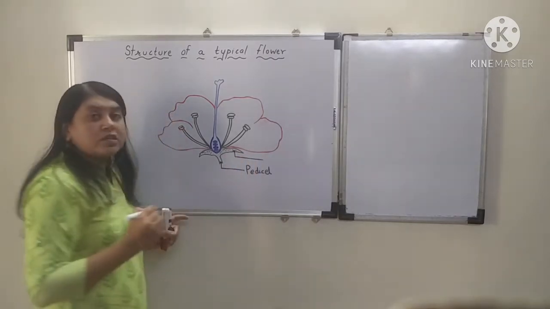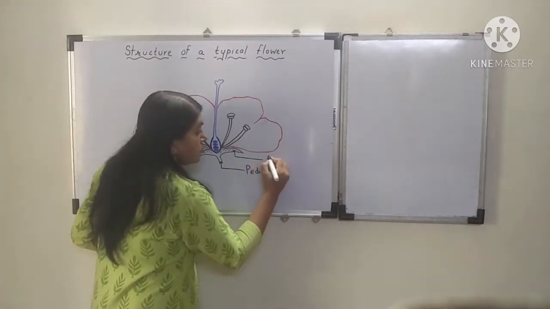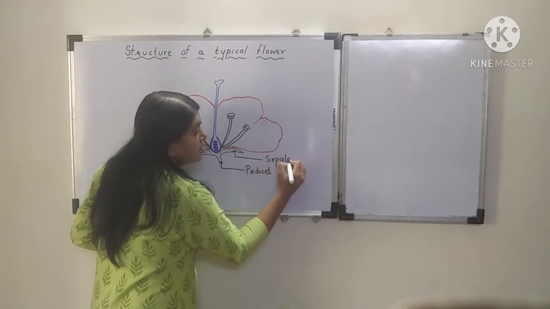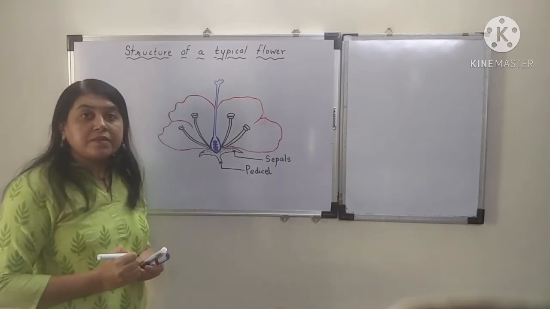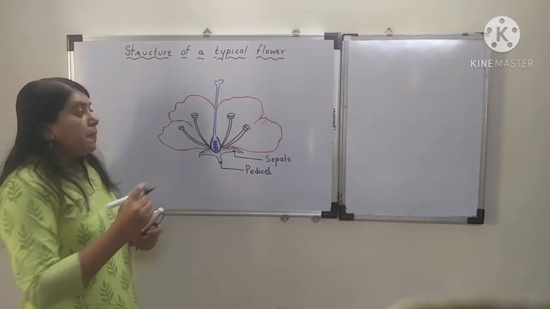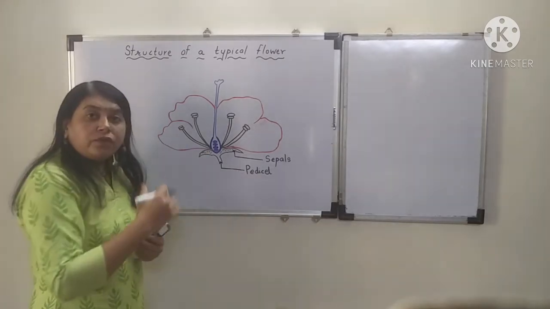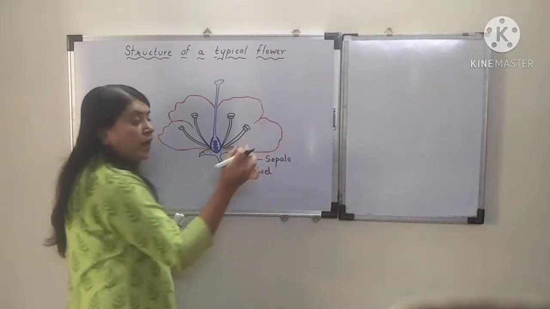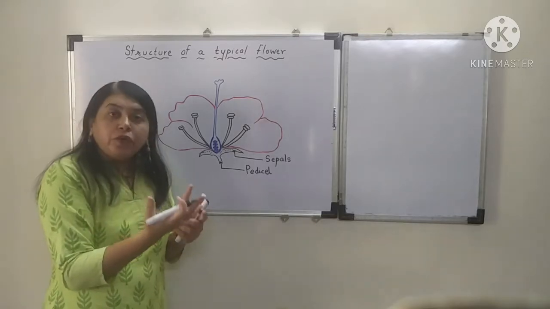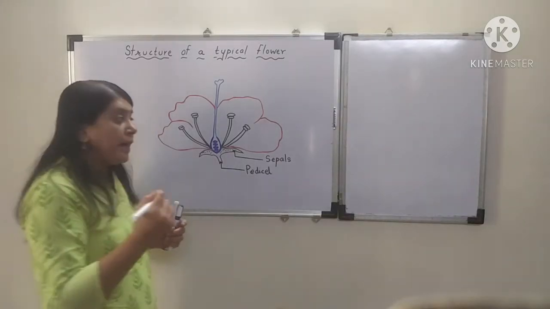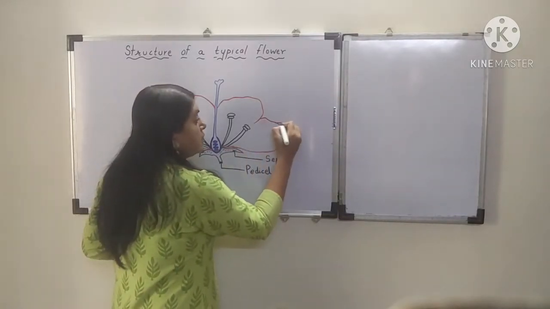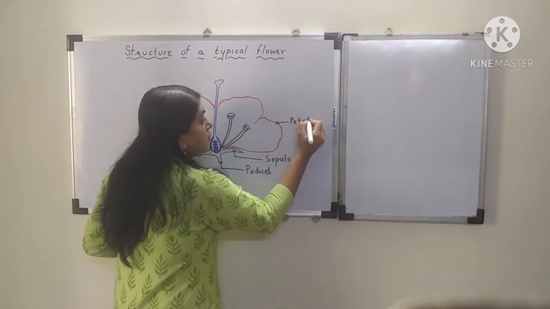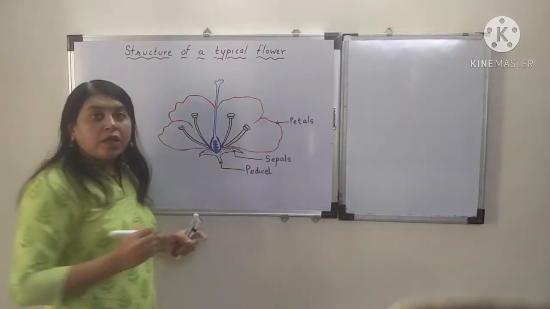So arrow towards the organ and label it as sepals. Then move to the inner wall of the flower. This wall of the flower, which you commonly know, is called the petals. This part. Petals.